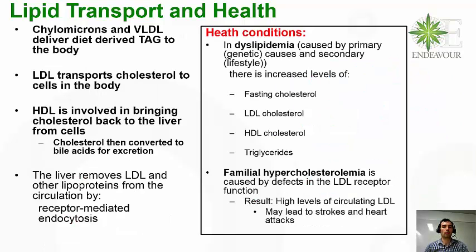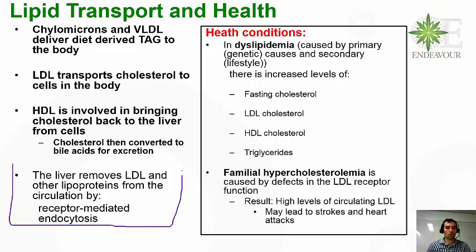In this slide, we can see a little bit more detail on some of the health outcomes if we don't have these cholesterols in the right levels in the right locations. A lot of this is repetition from the previous slide, but let's focus on this last part down here.